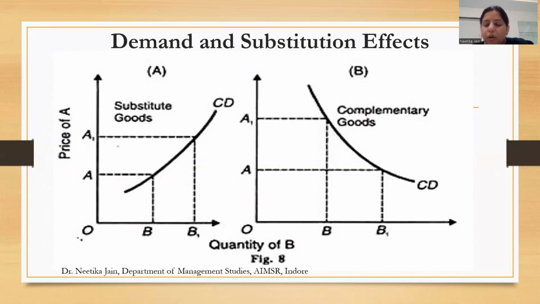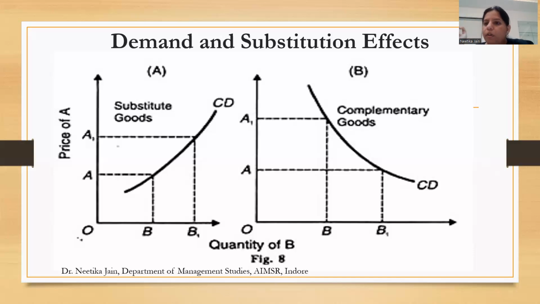Why is this happening? Because substitute goods show a positive relationship. If the price of gel pen is rising, the demand for ball pen is rising. So the price of the substitute is giving rise to the demand for the main product. So there's a positive relationship. Whenever you see a positive relationship between the two variables, the curve will move upwards in the right direction.